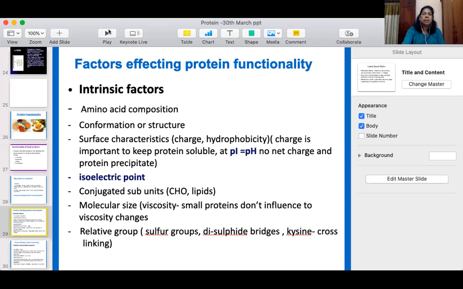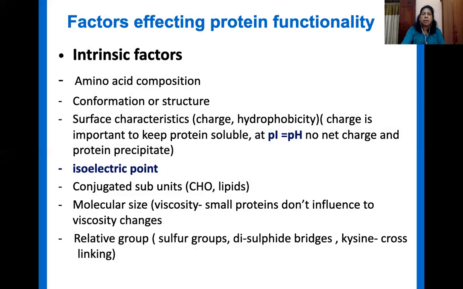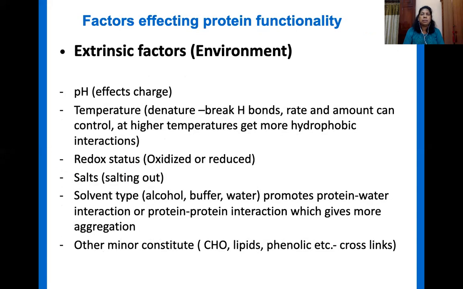The next one is extrinsic factors. What are the factors coming from the environment? For example, pH affects the charge of the protein, and temperature denatures the protein by breaking down the hydrogen bonds, as well as controlling the rate of reaction. At higher temperature, you get more hydrophobic interaction of the protein, and then the redox because of the hydrophobic structure.